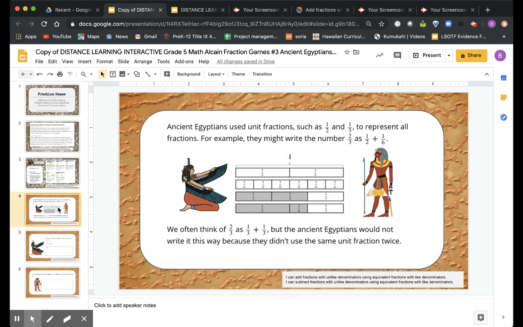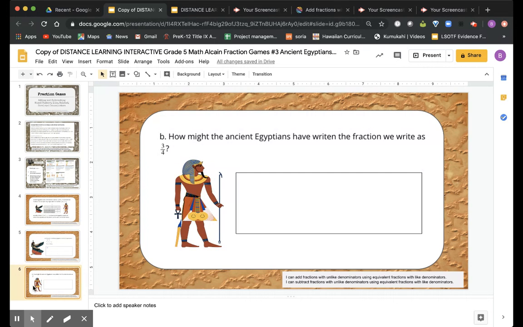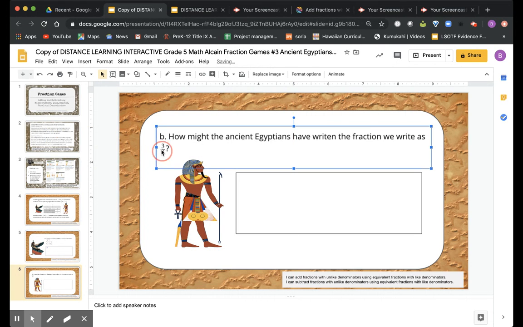It's almost like a fraction fringe, which we've used to help us visualize the representation of our different unit fractions. Okay, so it's almost like if I'm doing a bar model of a unit whole, and you'll start off at the top, like here, where they're doing a half, and then they broke it up into different parts. Okay, so you want to check out how you might write 3/4.